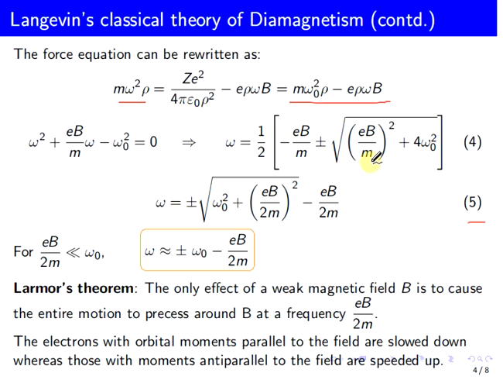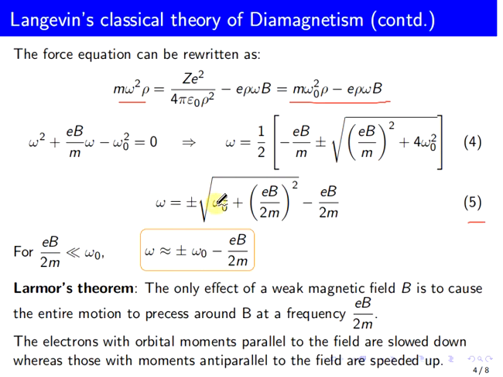And we can further simplify this equation, so you will get omega is equal to plus or minus square root of omega 0 square plus (EB by 2m) all square, minus EB by 2m. Suppose the value of EB by 2m is much smaller than omega 0. We can consider that the effect of the field is not very significant.